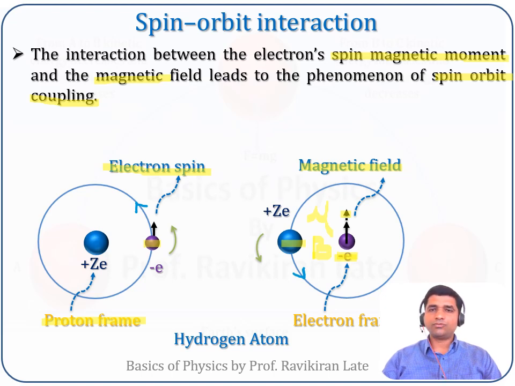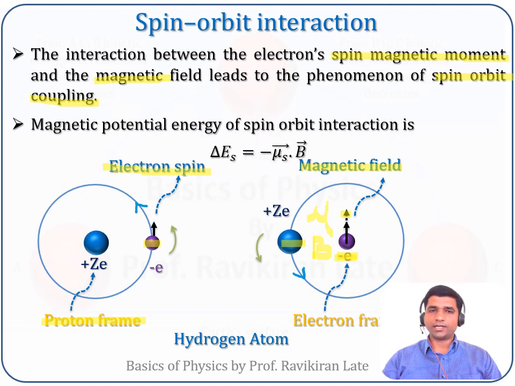That interaction we call a spin orbit interaction. Now we know that whenever a magnetic dipole and magnetic field interact, they will have a certain orientation potential energy. So this magnetic orientation potential energy for a spin orbit interaction is given by minus mu s dot B, that we had seen in our earlier lecture.